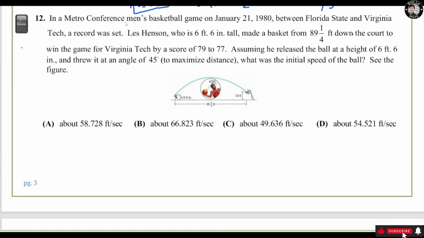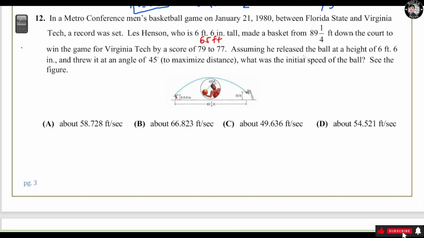In a major conference men's basketball game on January 21st, 1980, between Florida State and Virginia Tech, a record was set. Les Henson, who is 6 feet 6 inches tall, so we need to convert this to feet, it's going to be 6.5 feet, made a basket from 89.4 feet down the court to win the game for Virginia Tech by a score of 79-77.